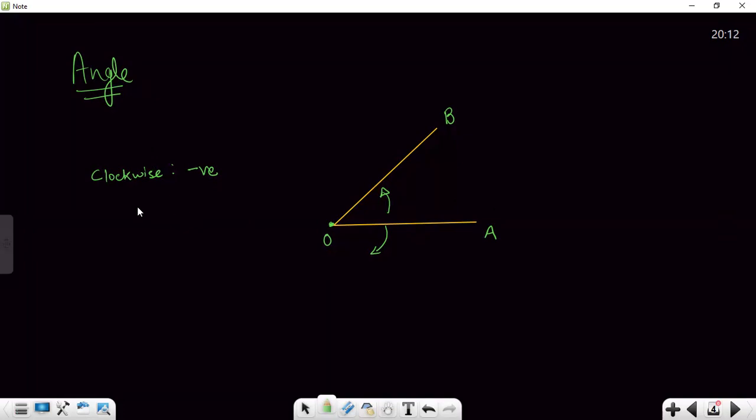If the final movement of the ray is in the counterclockwise, anti-clockwise direction, then the angle will be positive.